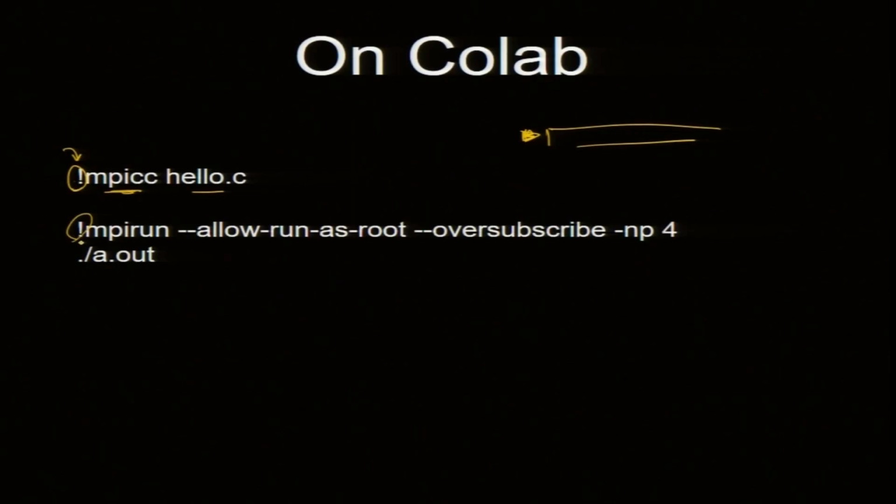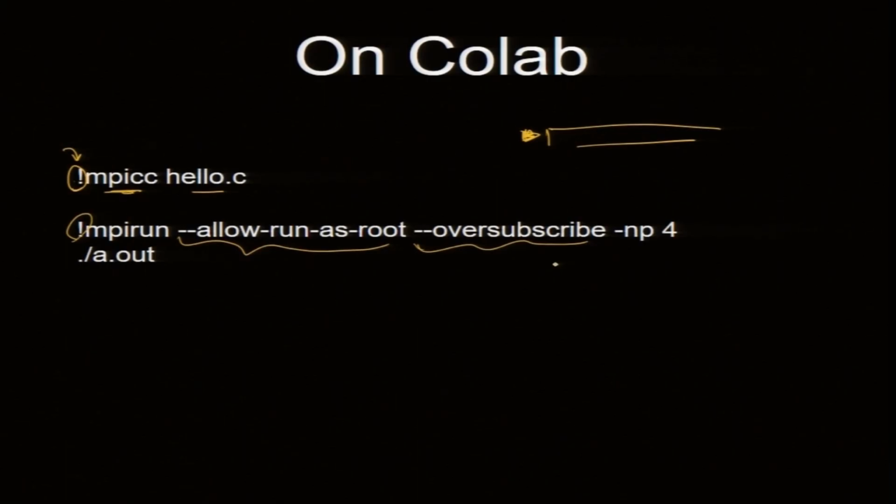Now a few more things: if you are using MPI, these two options are required. In fact, without them it doesn't run. Allow run as root: you need to be root, but you are not actually destroying Google's warehouse, it is just an option to make sure that you can run MPI. And oversubscribe, what is this for?